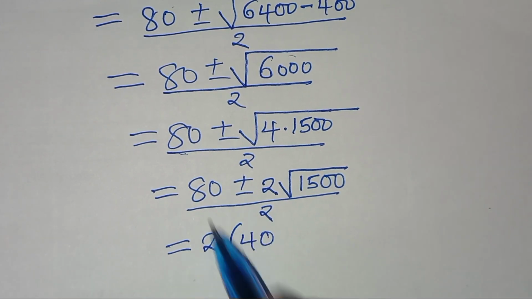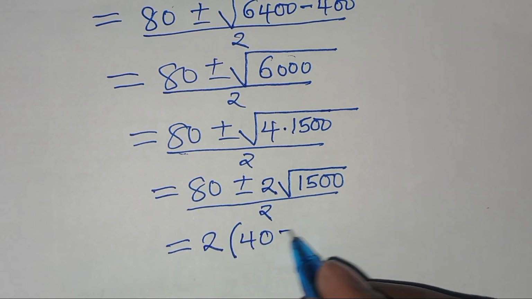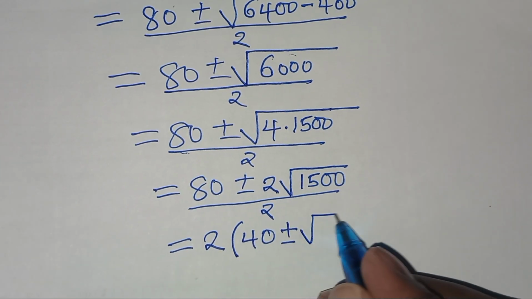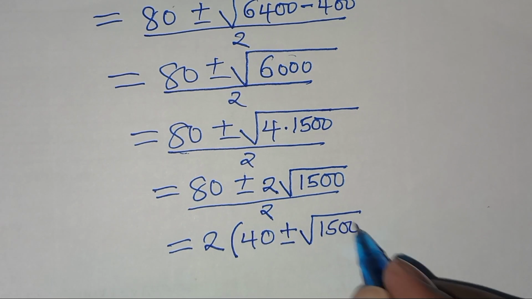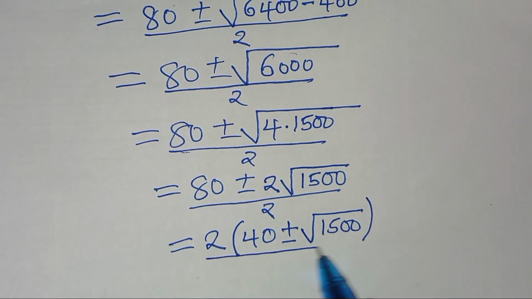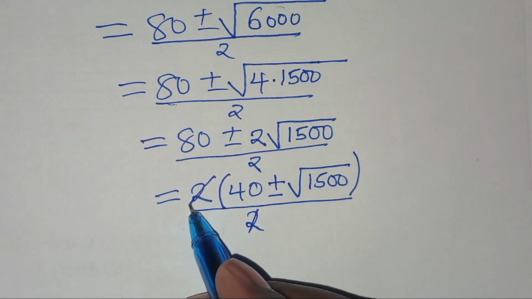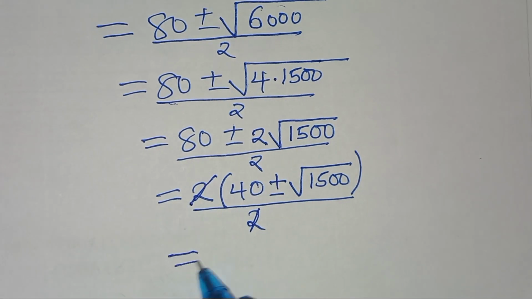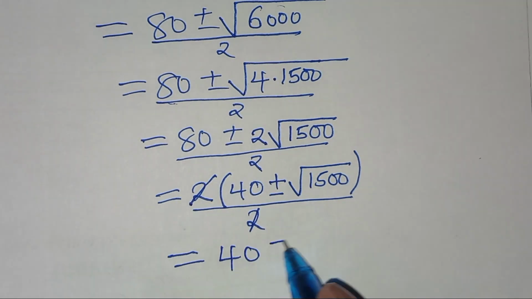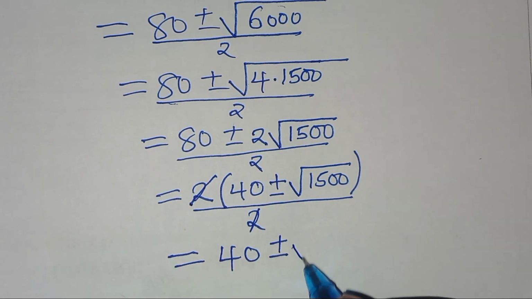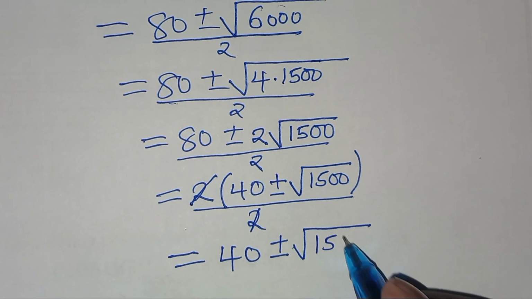If you say 40 times 2, this is the same thing as 80. Then plus or minus the square root of 1500, close the bracket, divided by 2. So 2 and 2 simplify, so that now here we have 40 plus or minus square root of 1500.